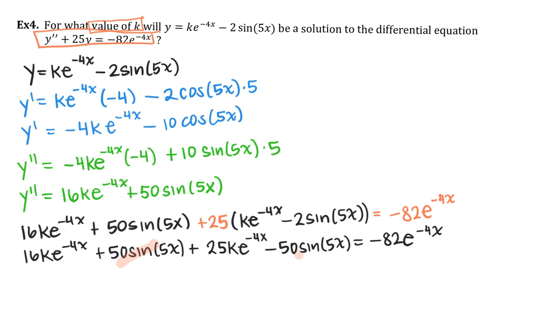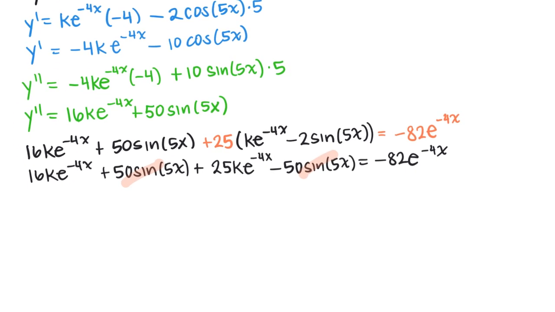These cancel. Okay, that's an optimistic sign. And then we actually have a lot of like terms, so let's combine these together. 16 plus 25, 41 e to the negative 4. Oh, I forgot my k. Hold on. 41k e to the negative 4x equals negative 82 e to the negative 4x.